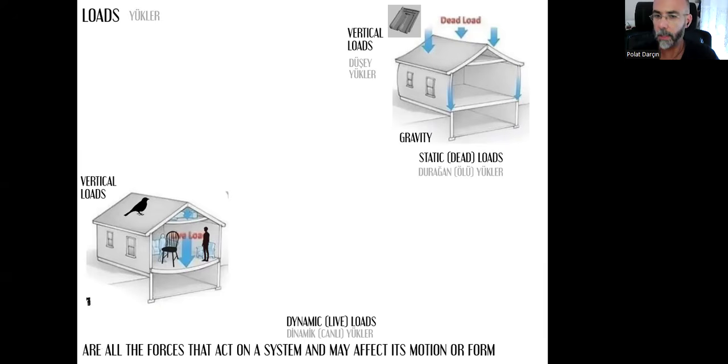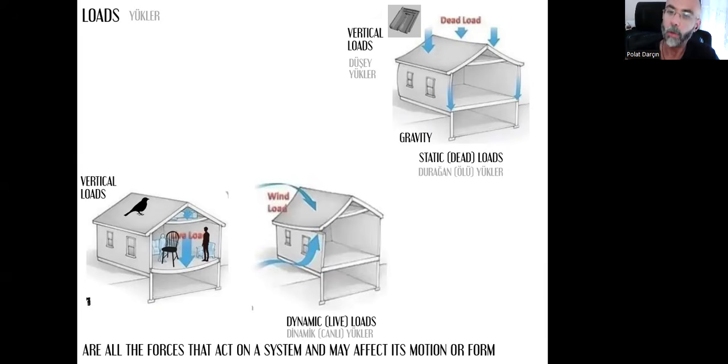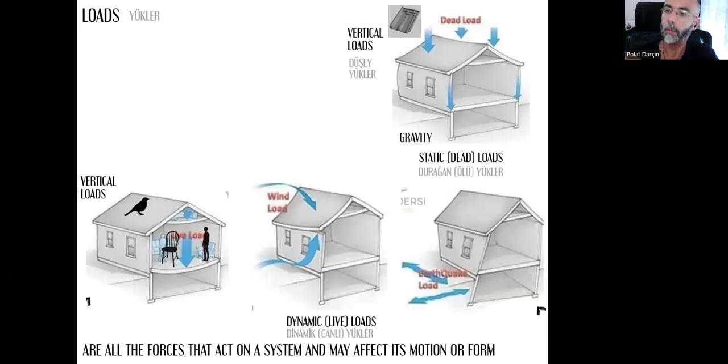And as you can see, they can be vertical loads as well. They can affect the structure in a vertical direction. Or there can be some lateral loads, yatay, horizontal this time, acting not vertically but horizontally or laterally, in this direction.